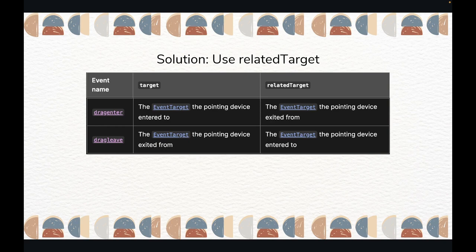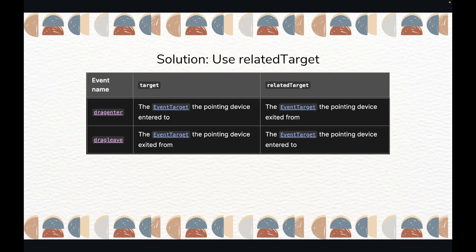So the cursor, if we are dragging a file, if we are entering inside a child, it's pointing to that, and the related target points to where we are entering from. So it's the document. If we are entering from the document, it's that. And if we are entering from outside, it's going to be null.